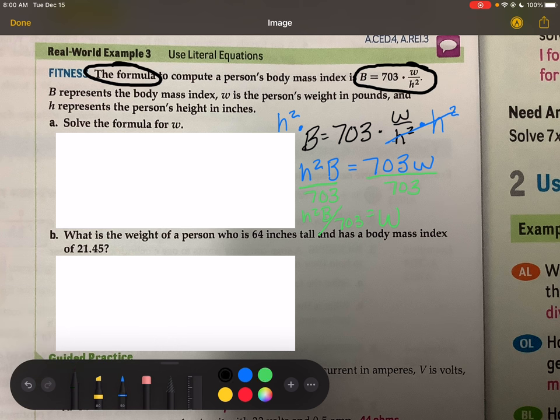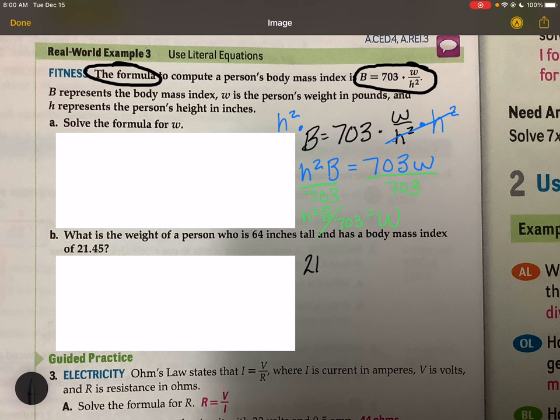Then the next part says, what is the weight of a person who is 64 inches tall and has a body mass index of 21.45? We're told B represents body mass index, so we're going to plug in 21.45 for B, and you can either use the original equation or the equation that you just made.